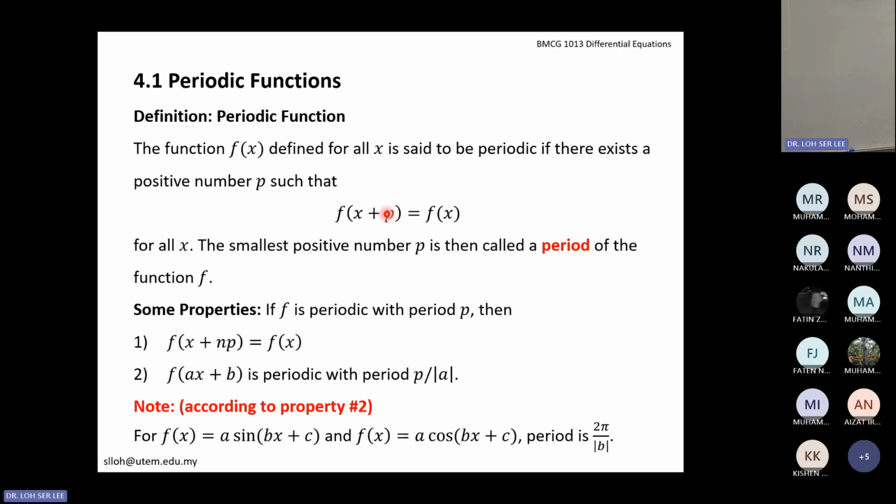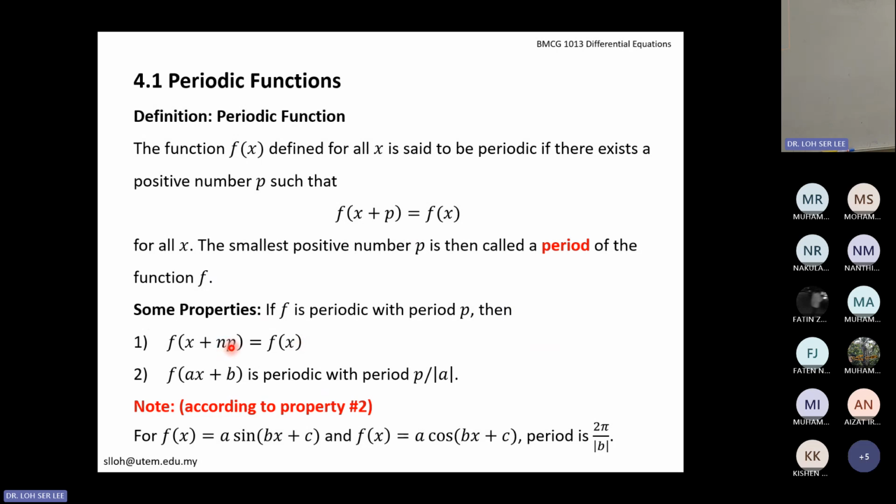So when we want to find the period, we can make use of this equation to find P. If we know that f is a periodic function with period P, then f(x plus nP) equals f(x), because P is the period.